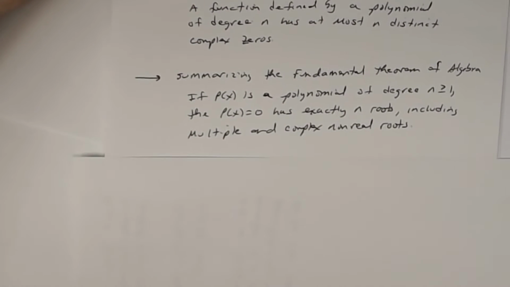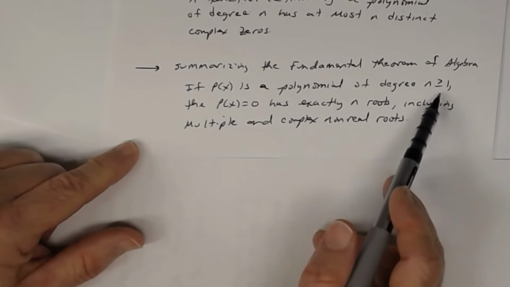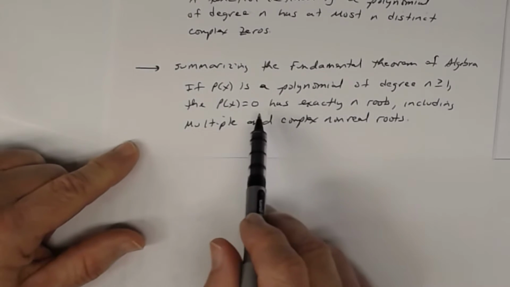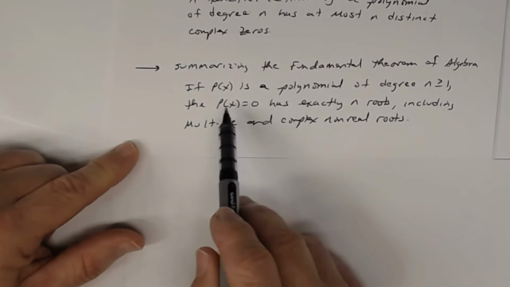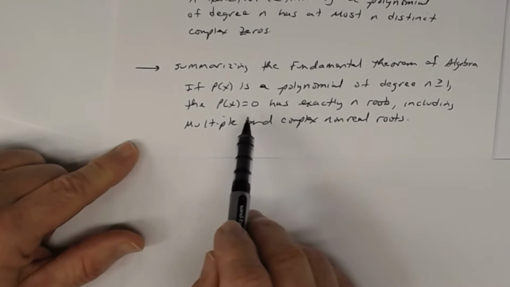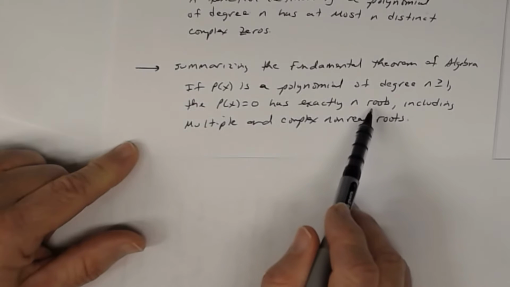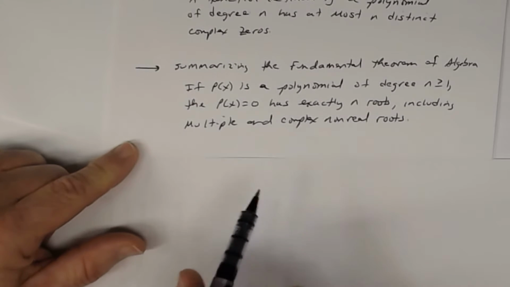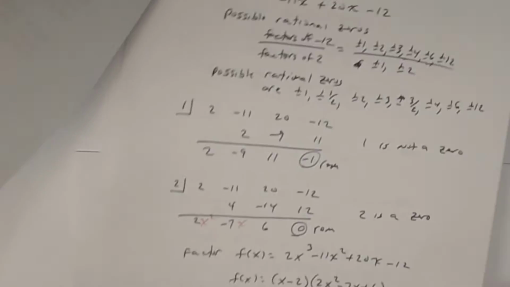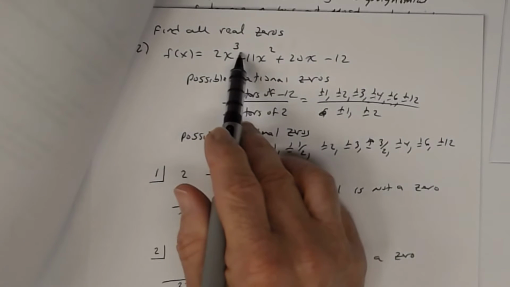So let's summarize the fundamental theorem of algebra. If you have a polynomial function of degree 1 or greater, and you're trying to find the zeros, remember, p of x equals 0 means you're trying to find the value of x that makes this function equal 0. The function p of x equals 0 has exactly n roots, including multiplicities and complex non-real roots. So if I go back to this one, the degree is 3, so I have 3 roots.